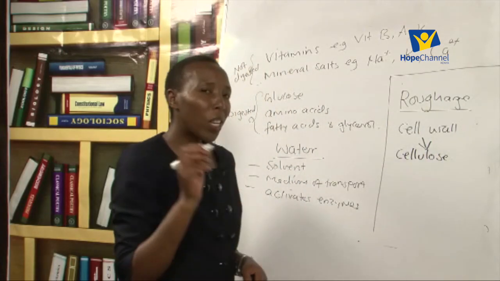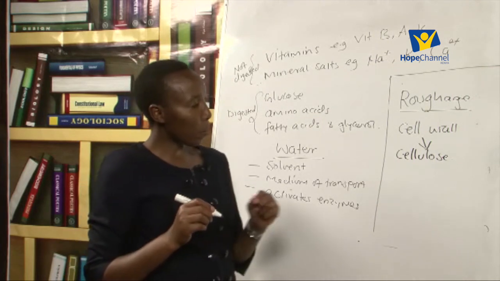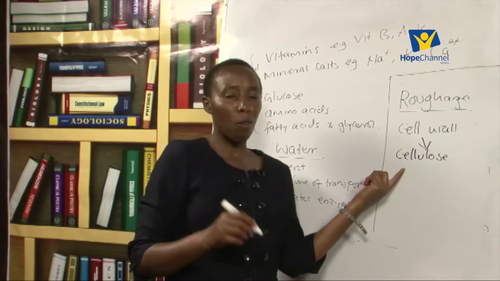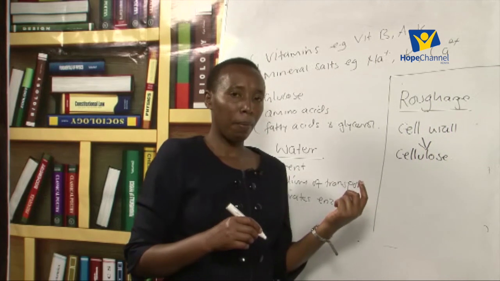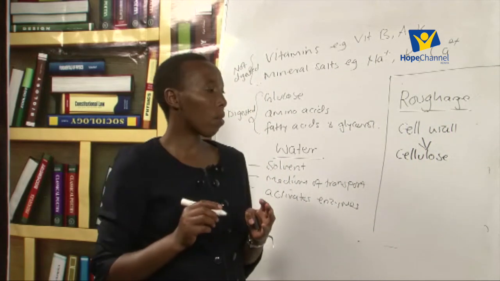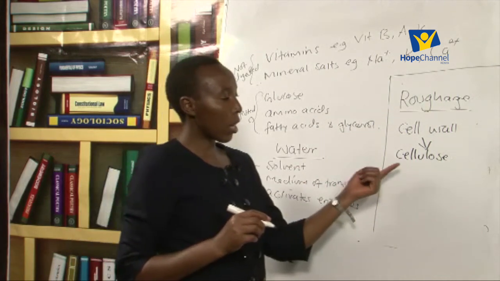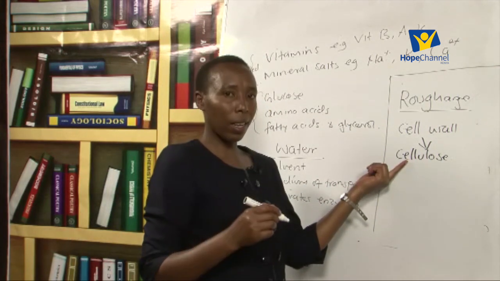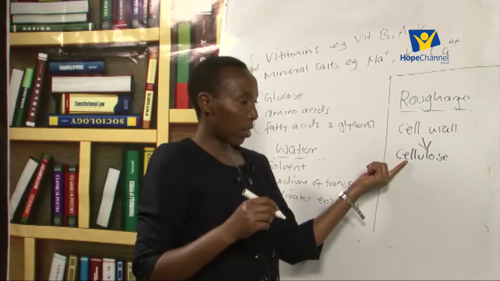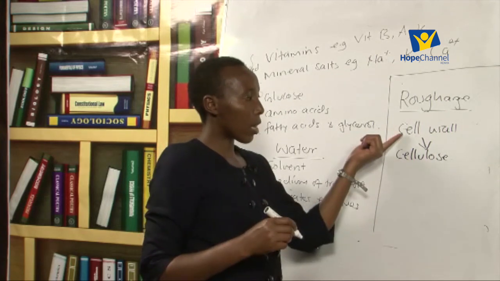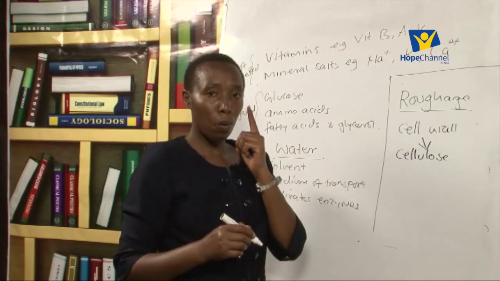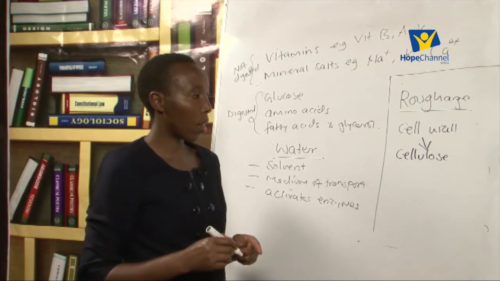Now, what is this cellulose? Cellulose is an example of a carbohydrate under the class of polysaccharides. Cellulose is a polysaccharide carbohydrate that is stored in the cell wall of plant cells.